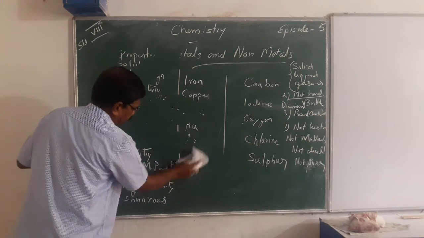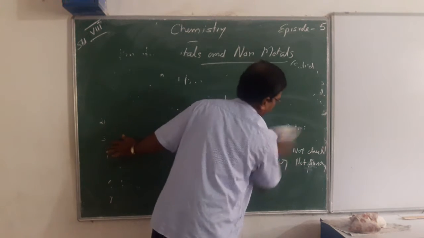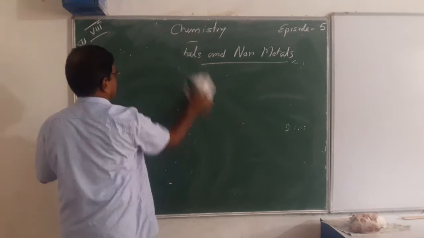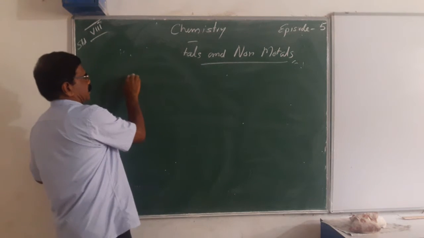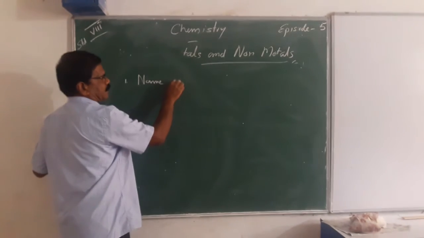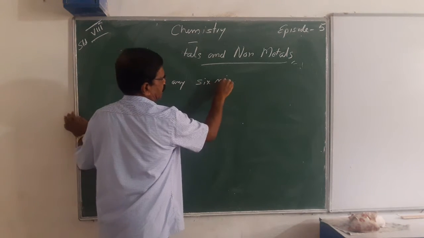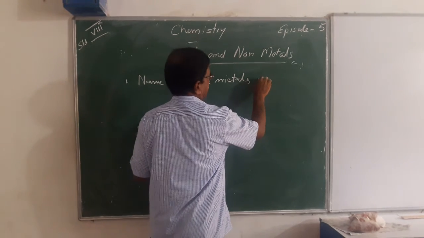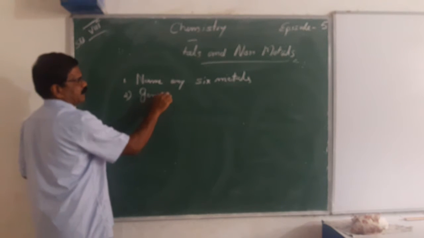Today you have to do two assignments. The first thing you have to do is name any 6 metals. Then the second thing, the general properties of the metals.